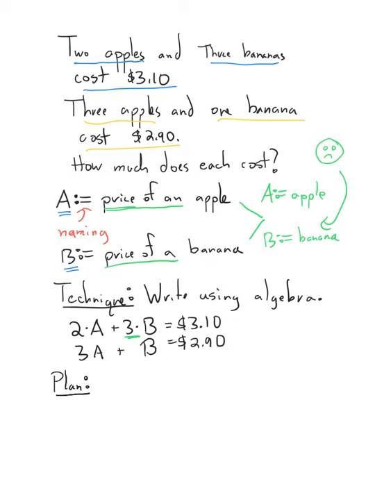If we solve, say, the second equation for B, then we can substitute that into the first equation, and then we'll just be left with an A there. So let's use substitution to solve for A and B.